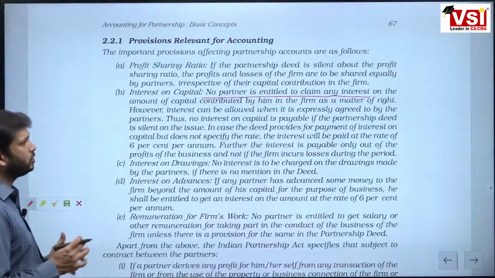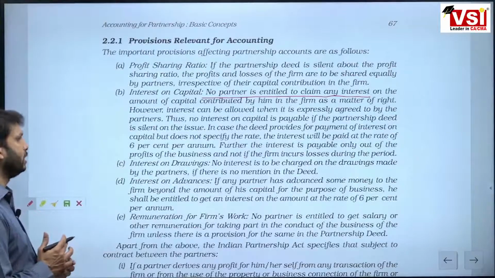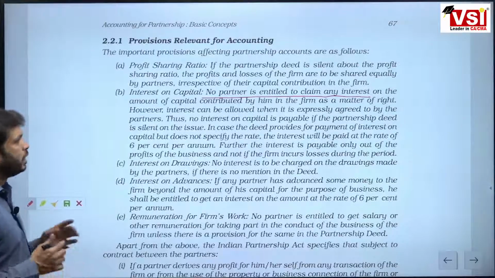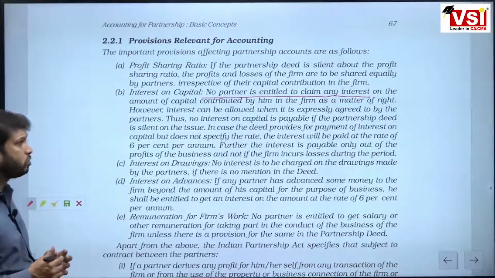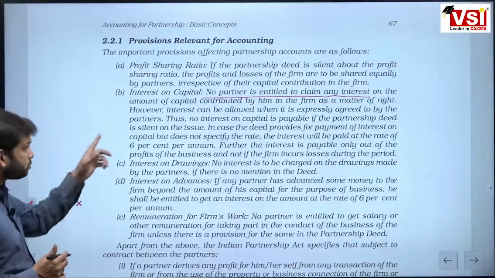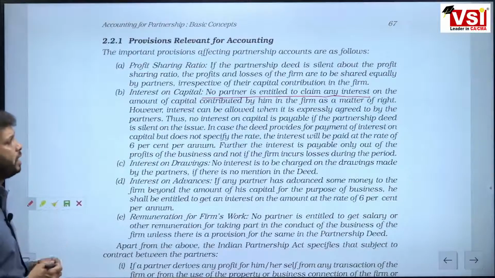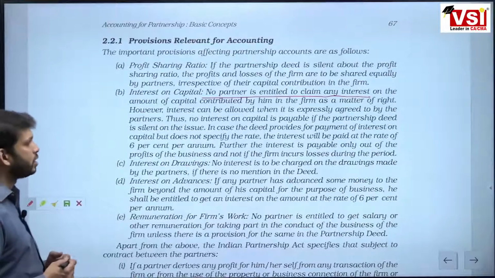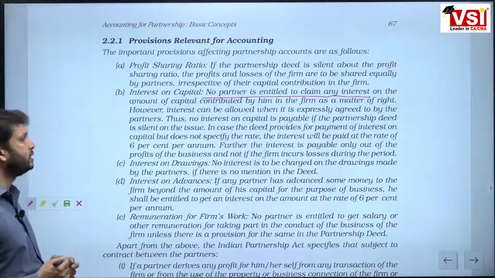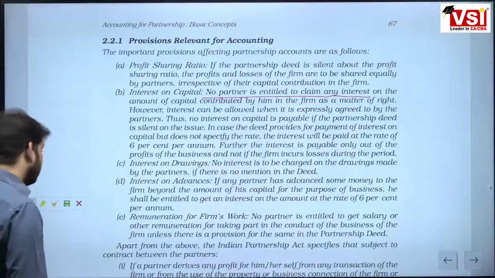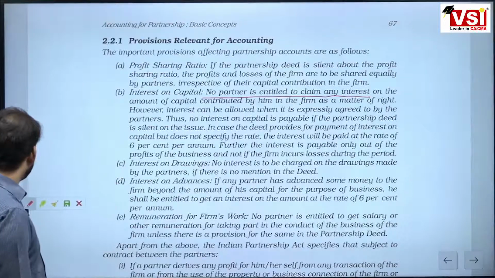Thus, no interest on capital is payable if the partnership deed is silent on the issue. If the deed provides for payment of interest on capital but does not specify the rate, interest will be paid at the rate of 6% per annum. Further, the interest is payable only out of the profits of the business and not if the firm incurs losses during the period. Very, very important things.